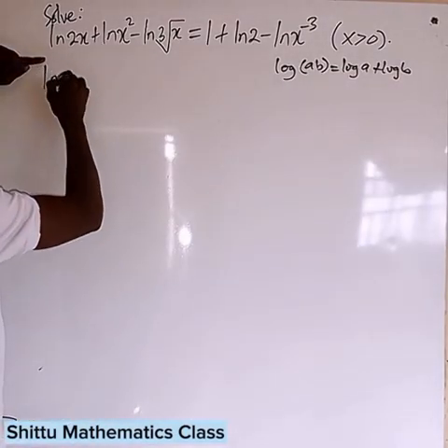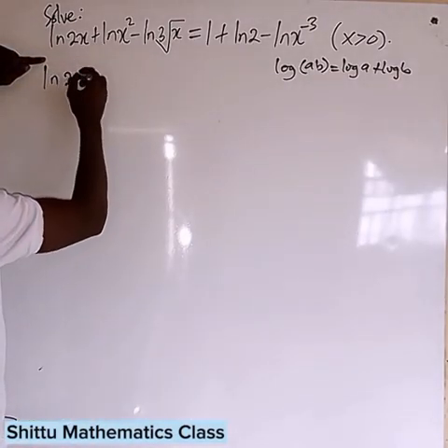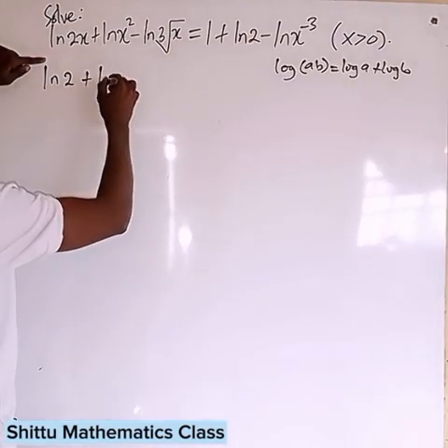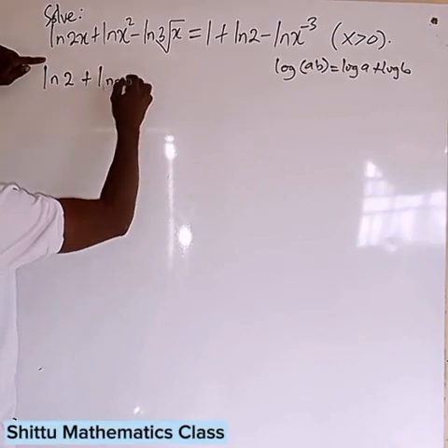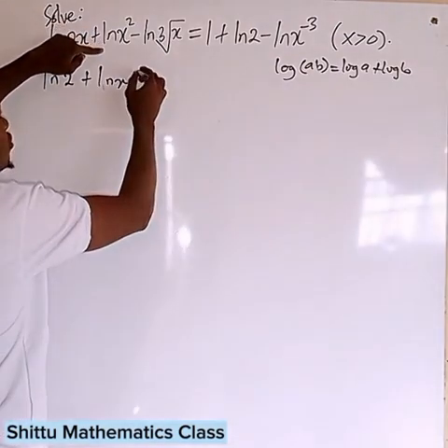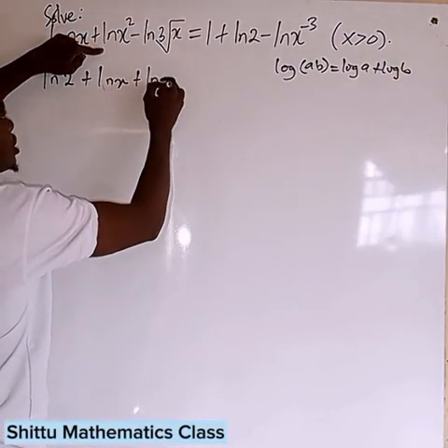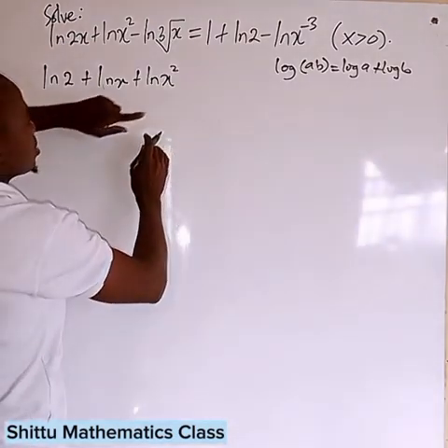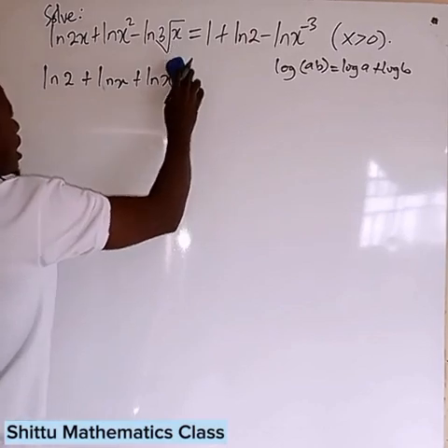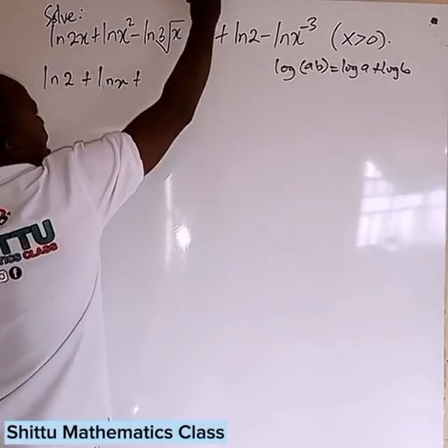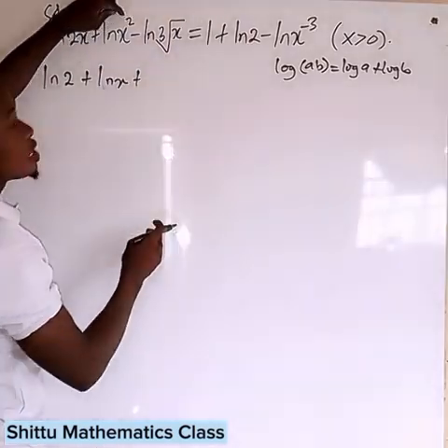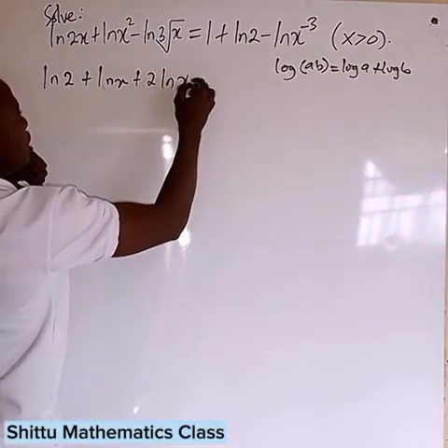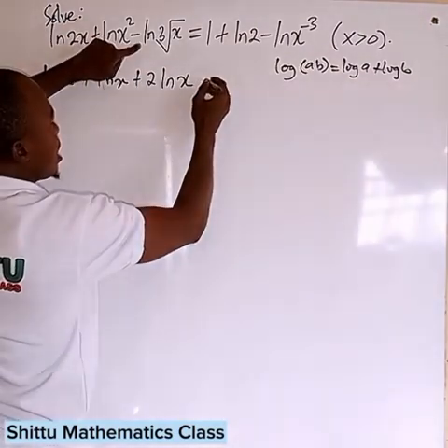So I have ln, I can separate this to be ln 2 plus ln x, okay? Then we have plus ln x squared. Because I have this power here, this power can come down. I can have 2 ln x.